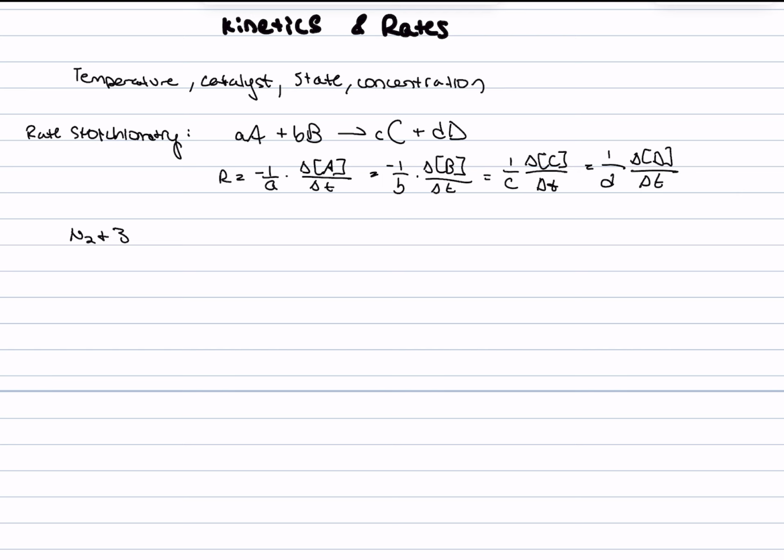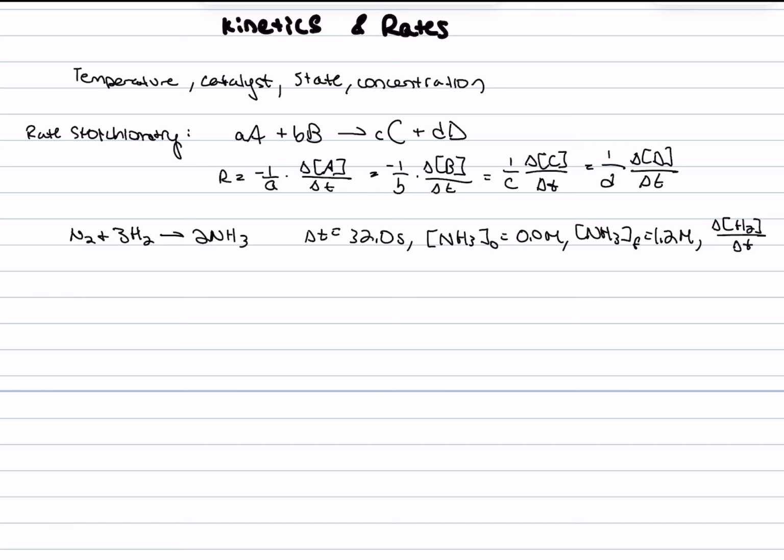Here is an example for N2 plus 3H2 goes to 2NH3. And we are given that the change in time is 32 seconds, the initial concentration of NH3 is 0 molars, and the final concentration of NH3 is 1.2 molars, and we're left to find the rate for H2.